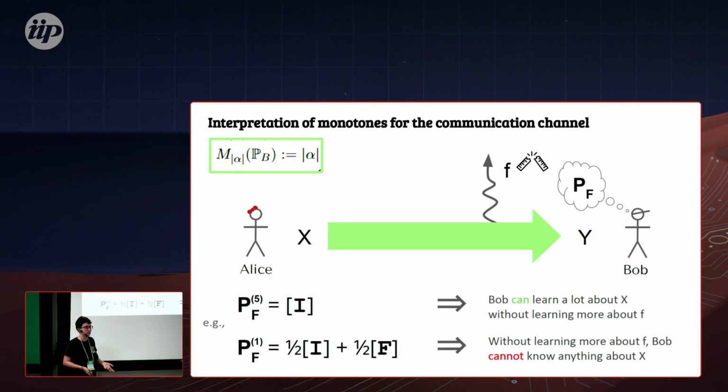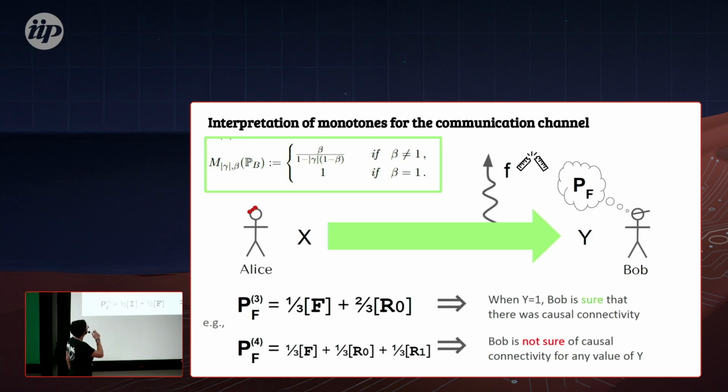So this guy is more valuable than this one, even though both of them have complete causal influence. And for the third monotone, here's the alternative interpretation that I told you before. If I look at those two examples, they are differentiated only by the third monotone; the first and second are the same. Note that for the first one, if Bob post-selects on the value of y being equal to 1, he's completely sure that in this round there was causal influence, because I only have reset to 0 here.